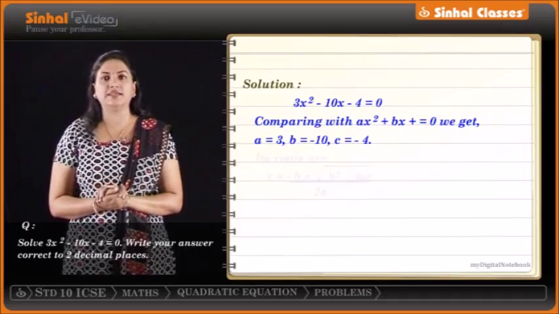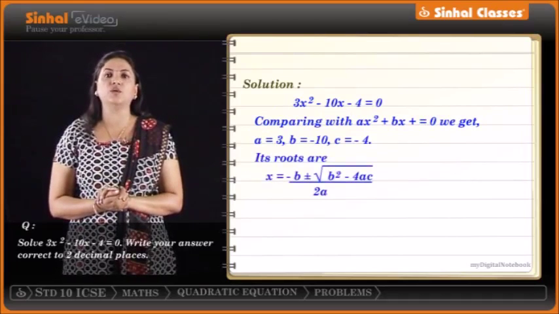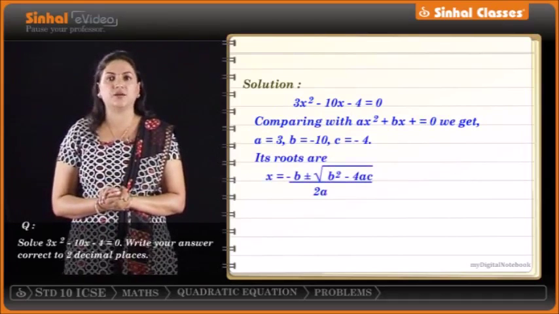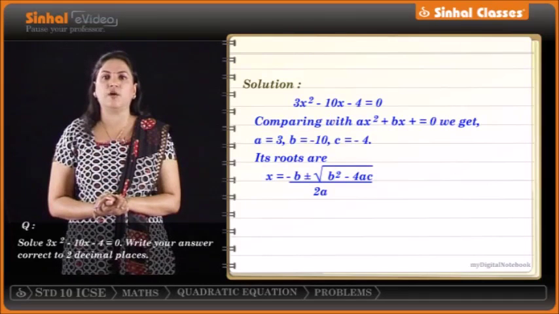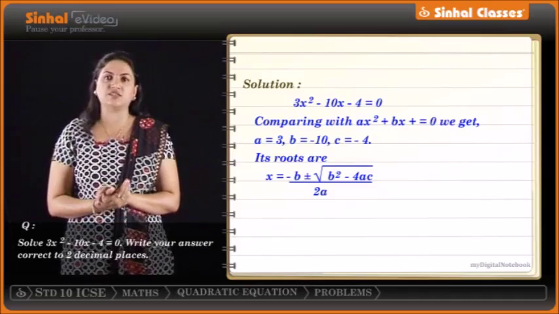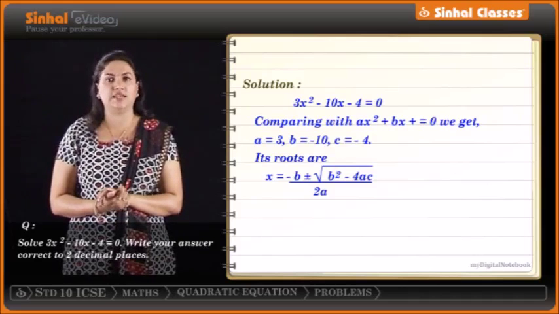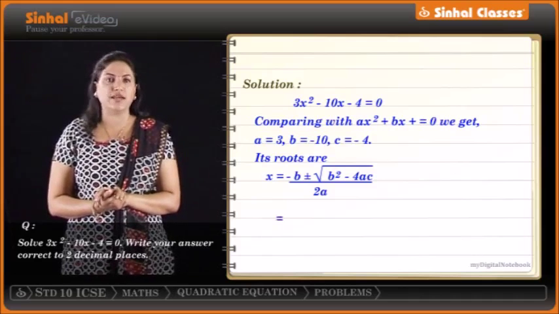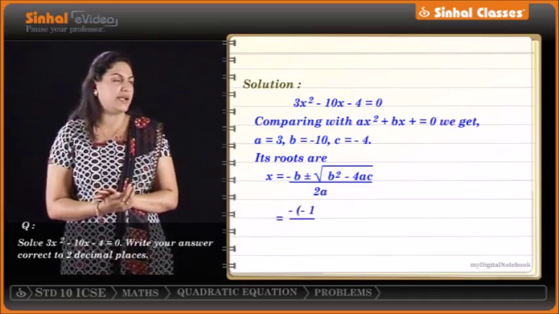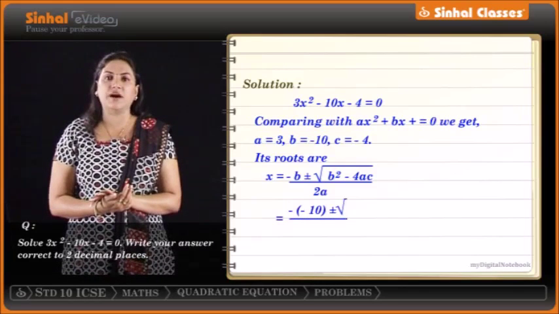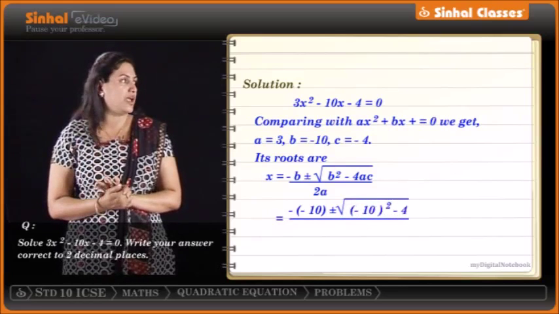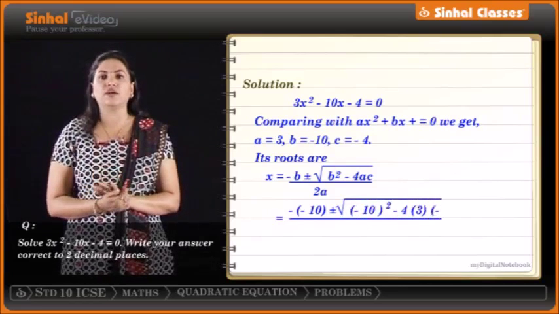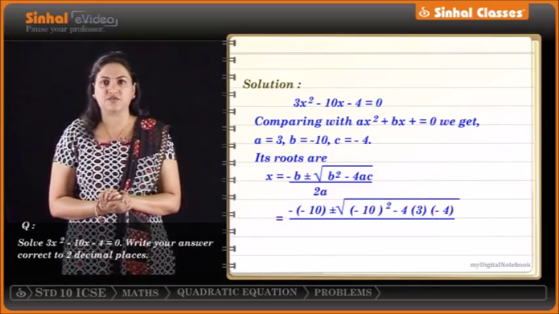Now the formula is x is equal to minus b plus or minus root b square minus 4ac upon 2a. Substitute these values of a, b and c in the formula to get minus of minus 10 plus or minus root minus 10 square minus 4 into 3 into minus 4.